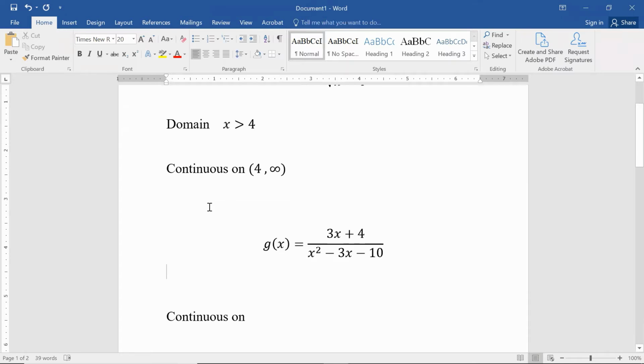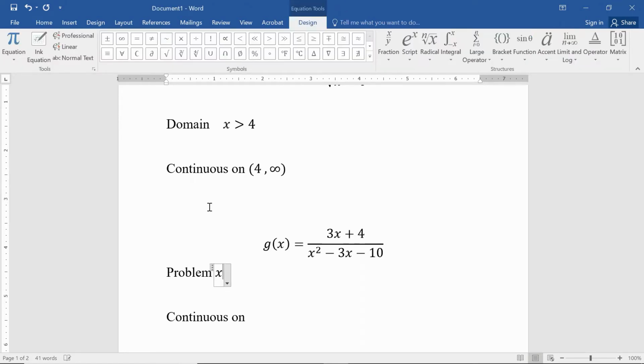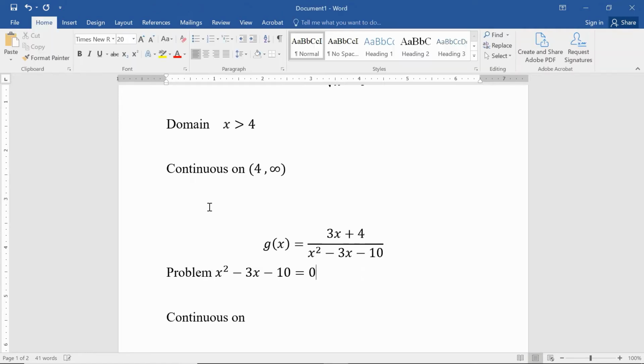For g of x, well, there is a problem when the denominator is 0. X squared minus 3x minus 10. There's a problem when that is 0. This problem is a problem of factoring.